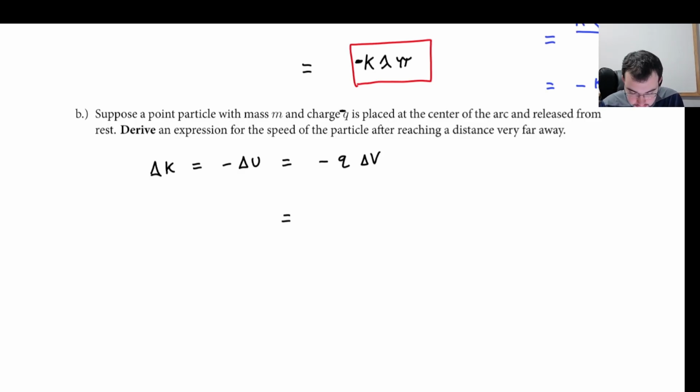And in this case, our charge, we're going to call that negative q. And our delta V, well, if I go very, very far away, that means my potential is 0 over there. And my potential at the center of the arc, we determined, is going to be minus k lambda pi.